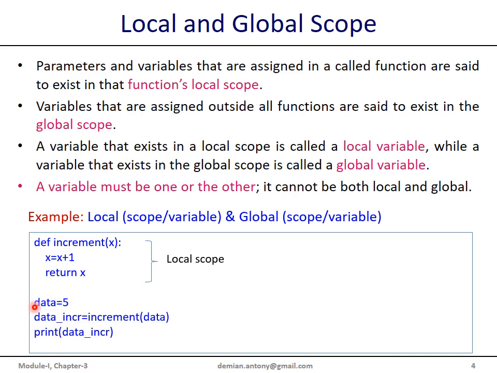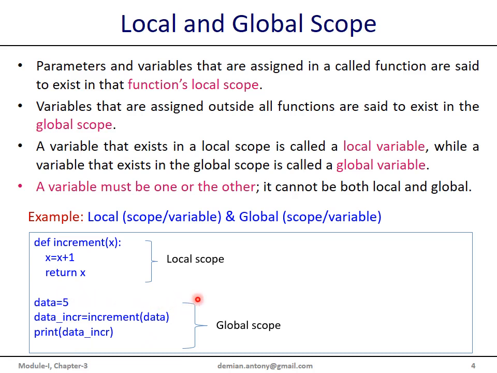And we have a second segment, which is a main program having three statements, and the variables that are defined, for example data, are said to be in a global scope. The statements that are found outside the functions, whether one function or multiple functions, are said to be in global scope.